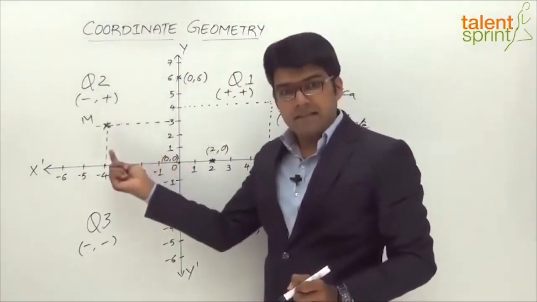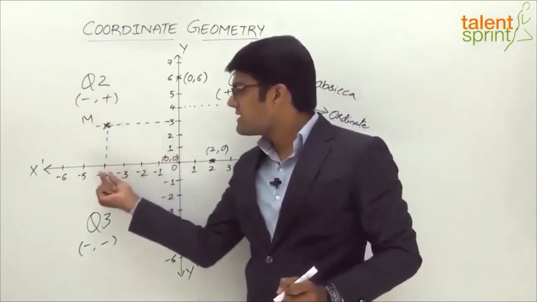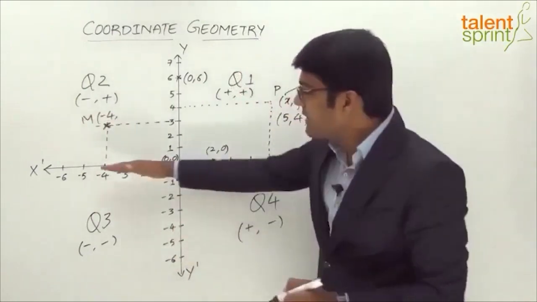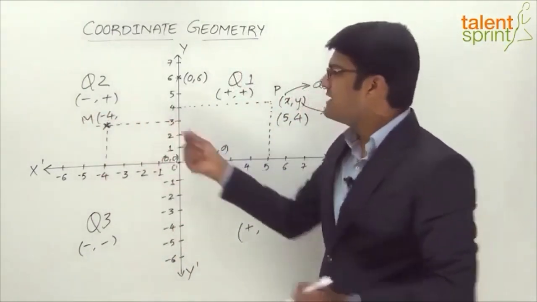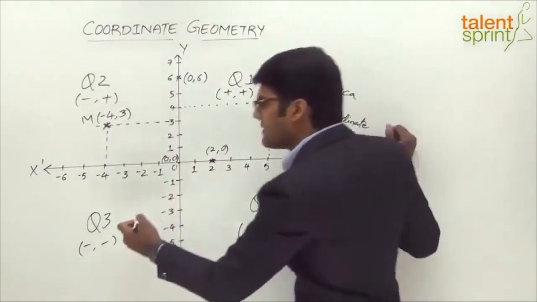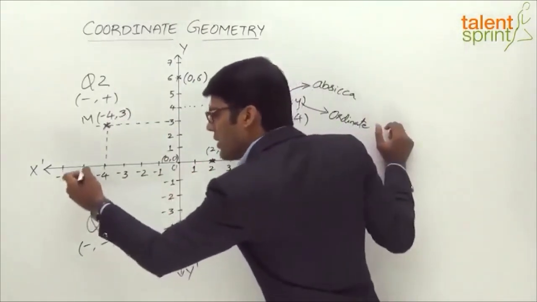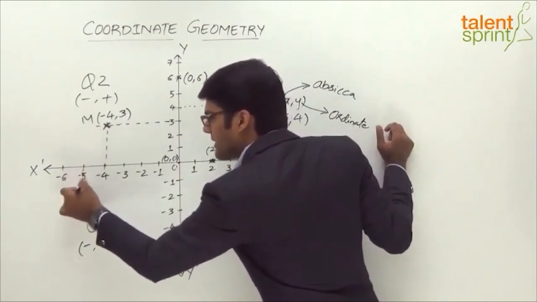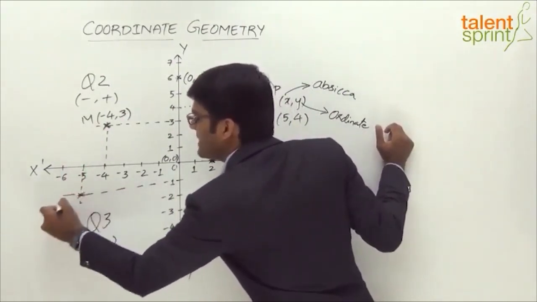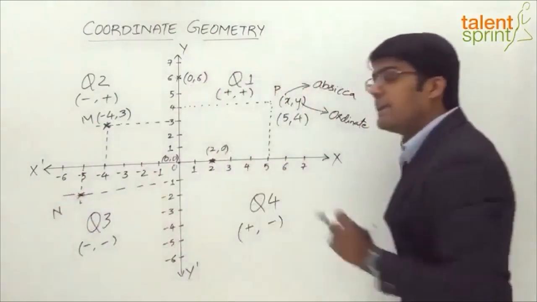The horizontal distance. What is the horizontal distance? The horizontal distance is -4, right? So the point can be described by -4. And the vertical distance. What is the vertical distance of this point? 3. So -4, 3. Likewise, let's say we have some point in quadrant number 3, right? If you look at the intersection of these 2 lines, let's take the point as N. Now how can this point N be located?